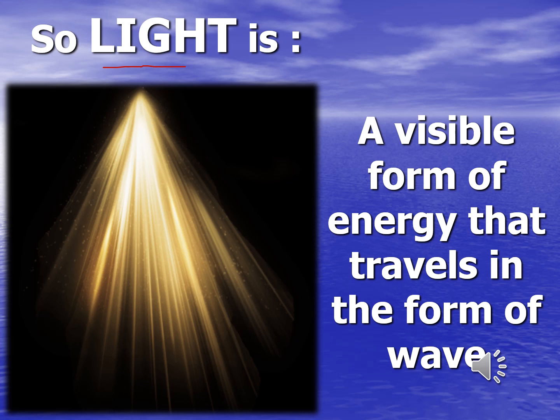And now we need to define the light. Can you see the light or not? Yes, you can see it. So light is a visible form of energy. Visible means that you can see it by your eyes. The light is a visible form of energy that travels in the form of waves. Waves look like these lines, straight waves.